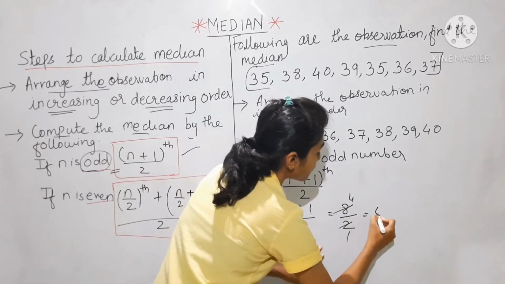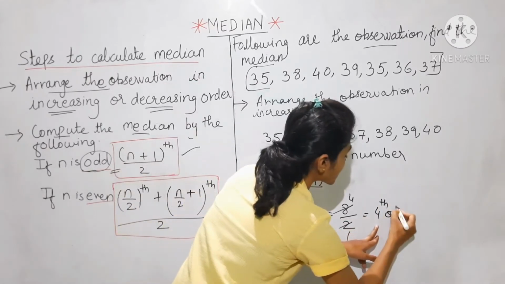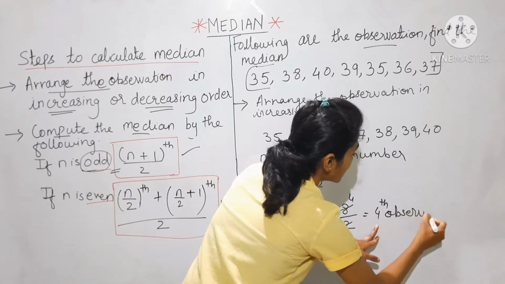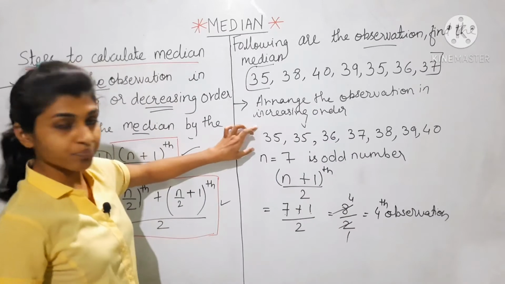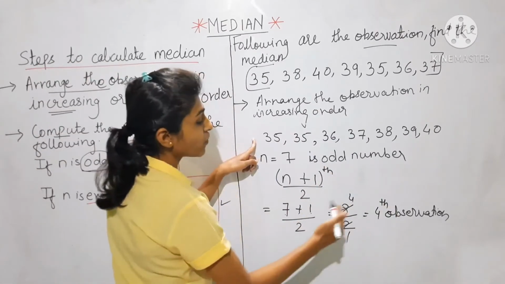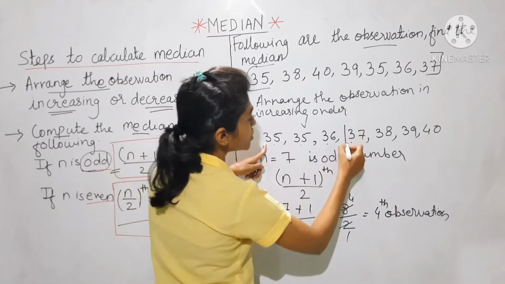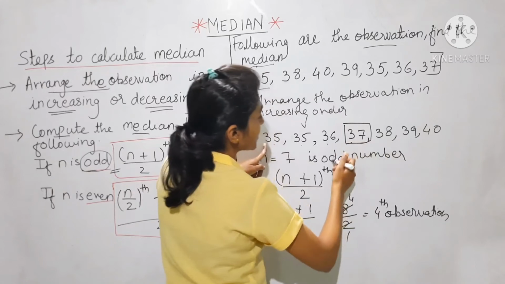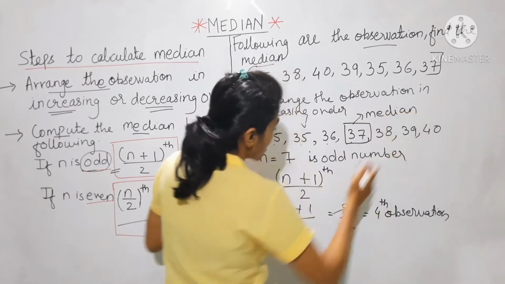Okay, so fourth observation, this "th" means fourth observation. Now in this data, count the fourth number, which means the fourth observation: 1, 2, 3, 4. So this is the fourth observation, and this will be the median.